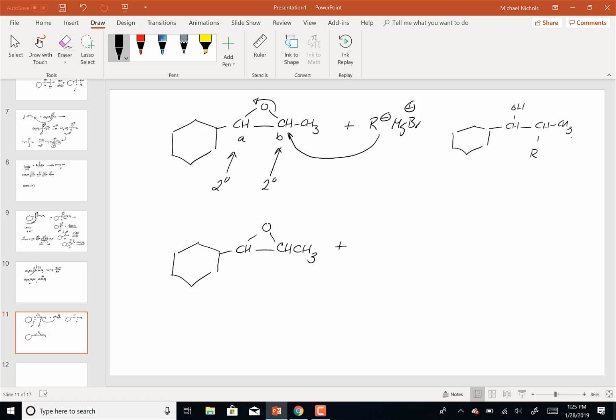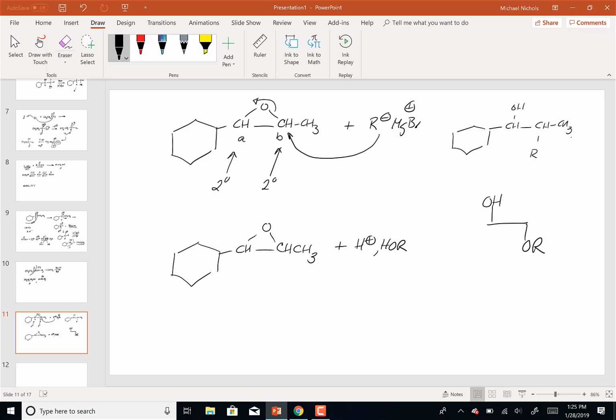And I said, you know what, I'm not going to add R minus, but maybe I wanted to add an OR. So I'll add acid and alcohol to this epoxide. I'm going to open it up. I'm going to end up with an OH on one side and an OR on the other.